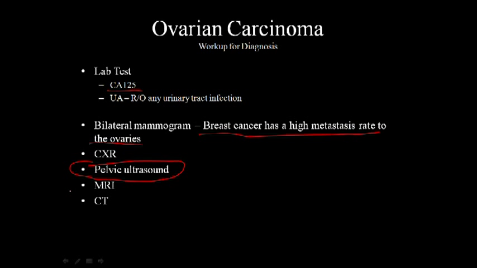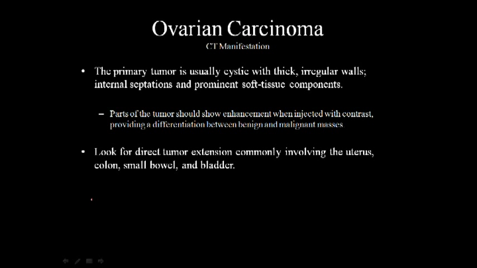Pelvic ultrasound is going to be your number one go-to, followed by MRI, and then CT as being the third option here. So the way that it looks in terms of CT is the primary tumor is usually cystic with thick, irregular walls, internal septations, and prominent soft tissue components.